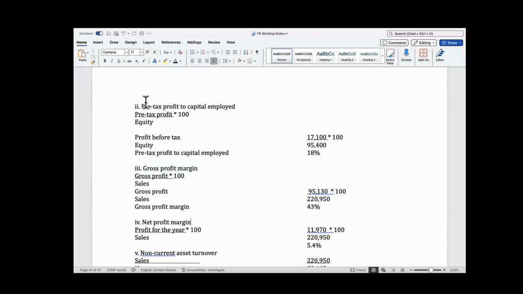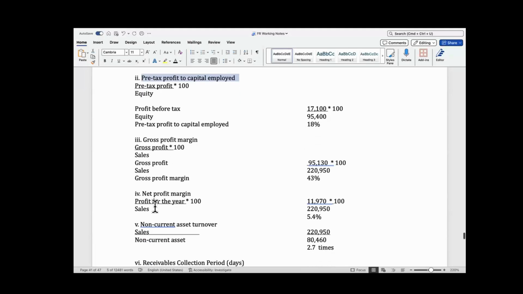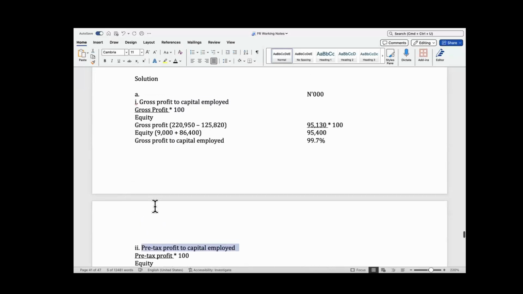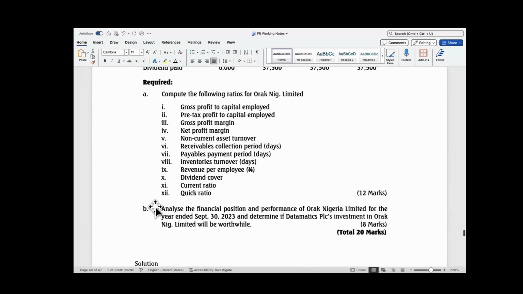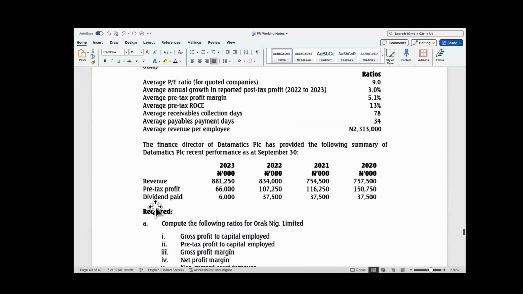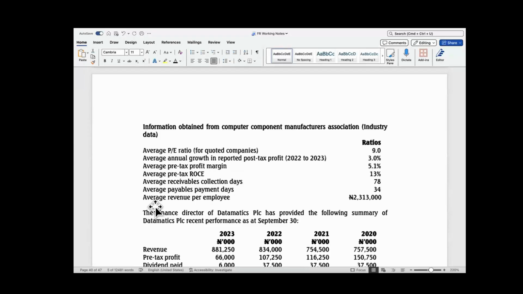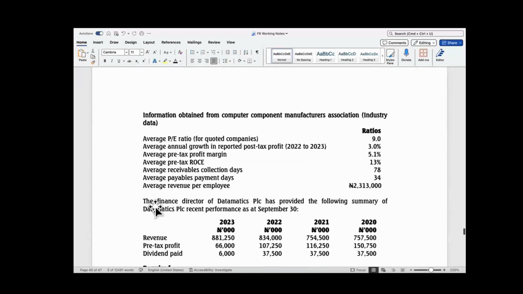This one is talking about return to shareholders or providers of capital. This is talking about how much profit you made on every sales. Both of them are heavily impacted by management of your costs, your overheads to be specific. So I'll just put the two together because they are similar. So let me look at the industry average.